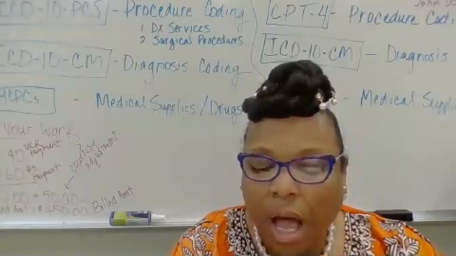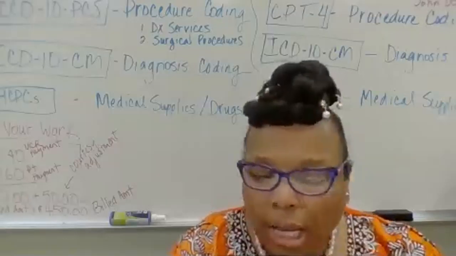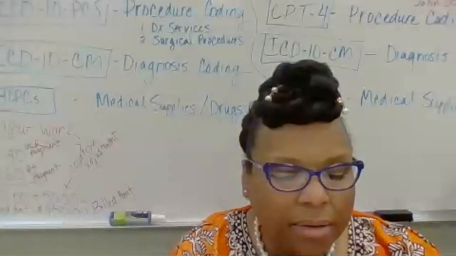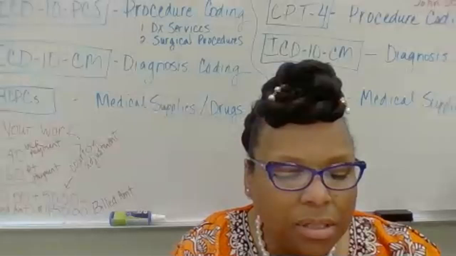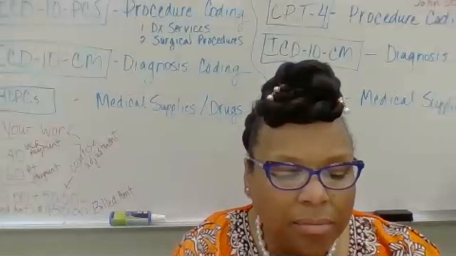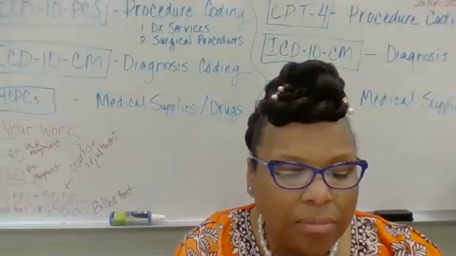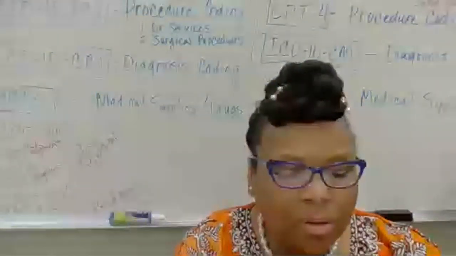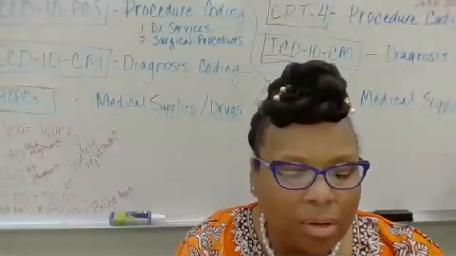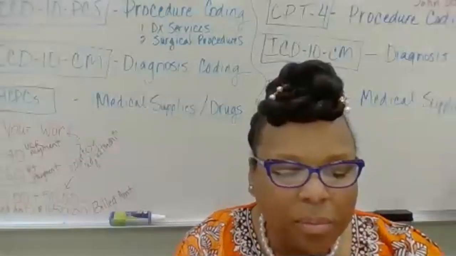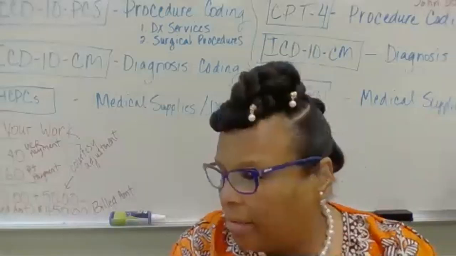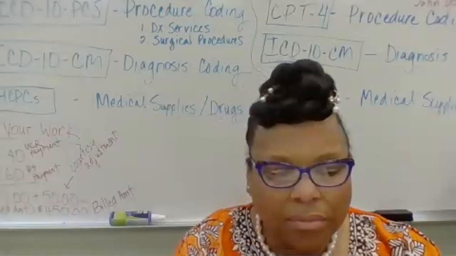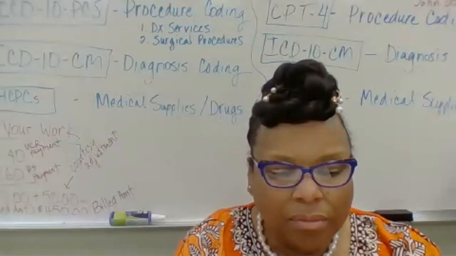So when y'all get ready to go in and post payments, you're going to post these payments, and it should equal up everything the same way. You're not going to have to go in and do any calculations yourself. The calculations are already done for you. The software is just that smart. Does everybody understand that?